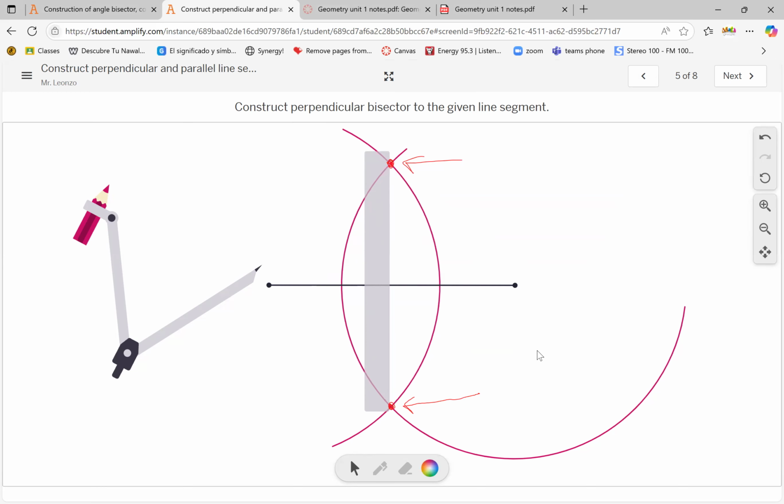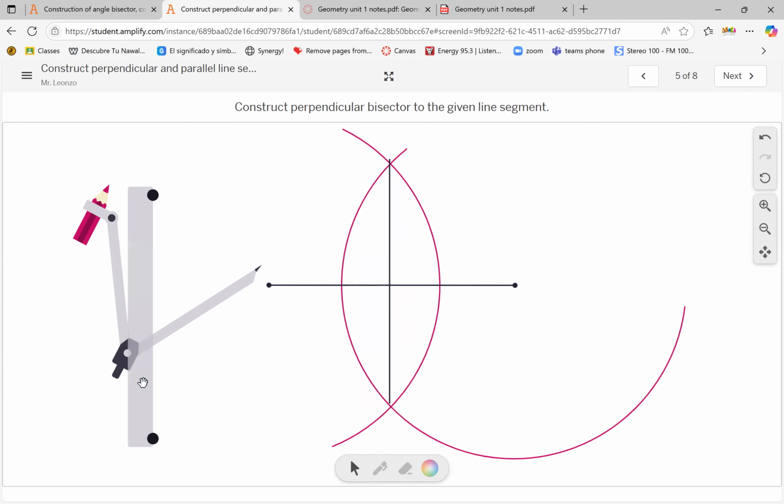Out there, connected my 2 points. Let me grab my drawing tool, my pen, and there we go. Remove my ruler. That's how it's supposed to look. So 90 degrees right through the middle.